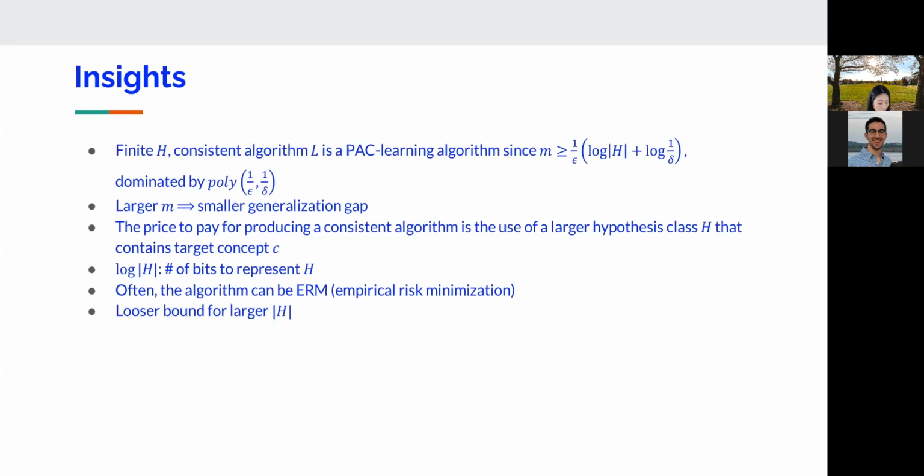And also, this theorem says that when you have larger m, so your number of examples is larger, you have a smaller generalization gap. This is essentially what we've been taught when learning basic machine learning concepts, for example, supervised learning.